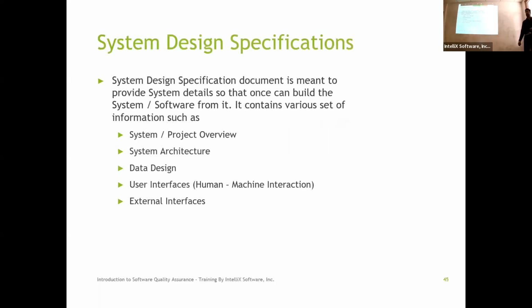Then you also reviewed the system design document, which talked about what the system architecture is going to look like, what the data elements are going to look like, what kind of interfaces it's going to have. And then you also looked at the page flow diagram.